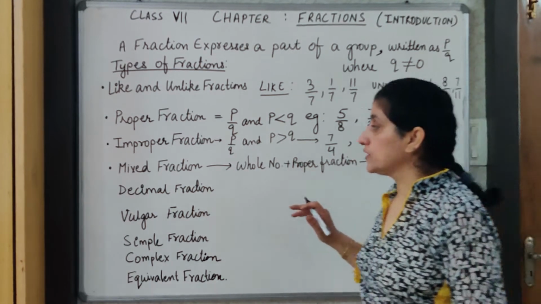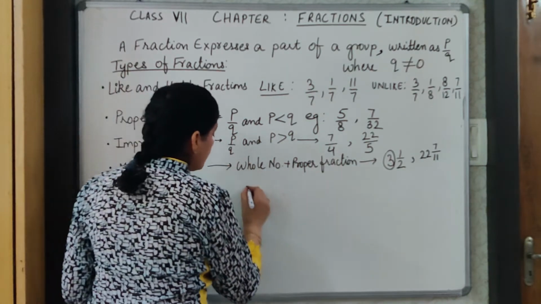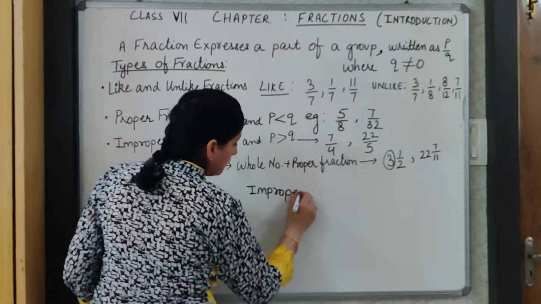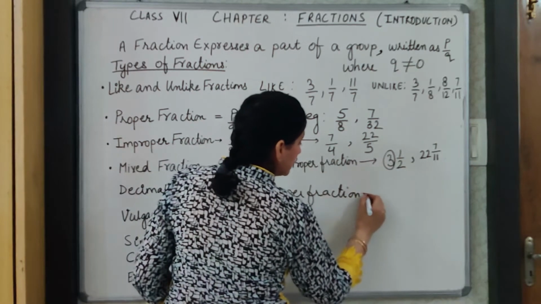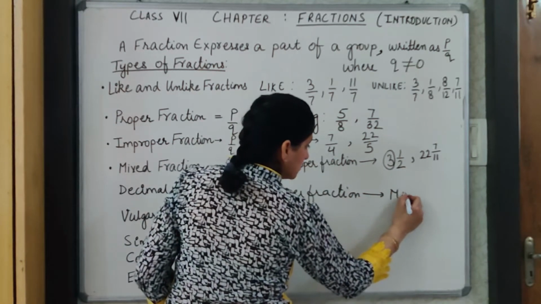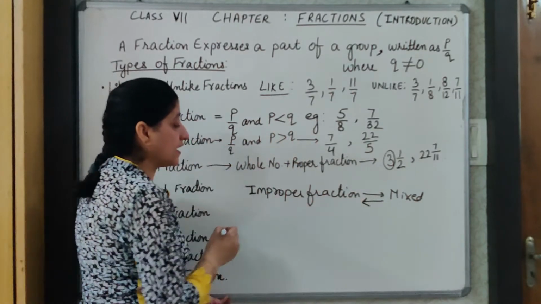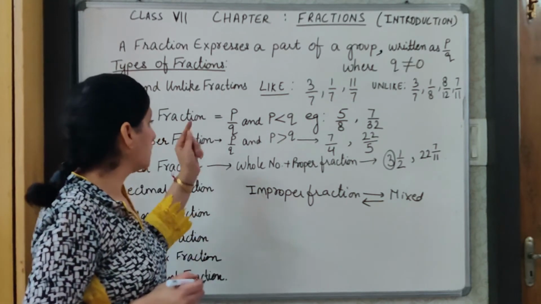And one more thing to tell you here, that an improper fraction can be converted to a mixed fraction, and vice versa, a mixed fraction can be converted to an improper fraction.